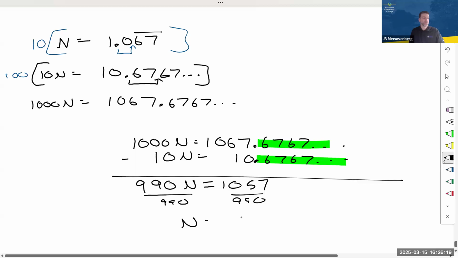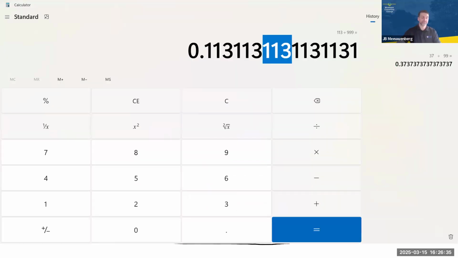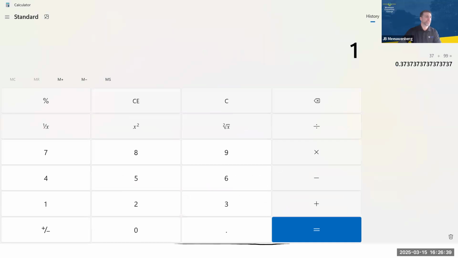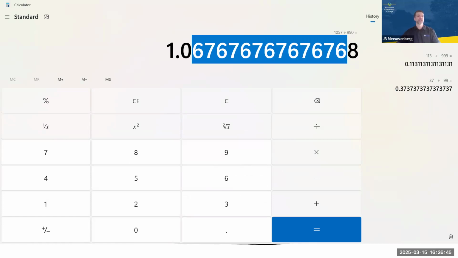We get n is equal to 1057 over 990. There is our fraction that equals 1.067 repeating. Let's take a look at a calculator just to double check it. 1057 divided by 990. There we go. 1.0, and then those 67s just keep repeating.